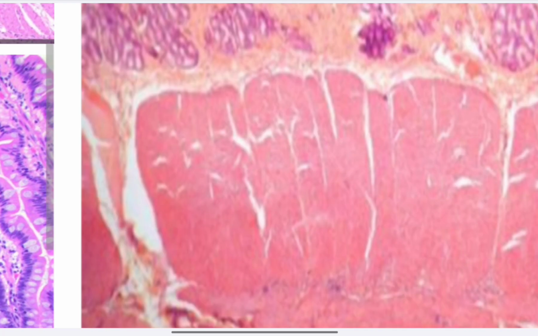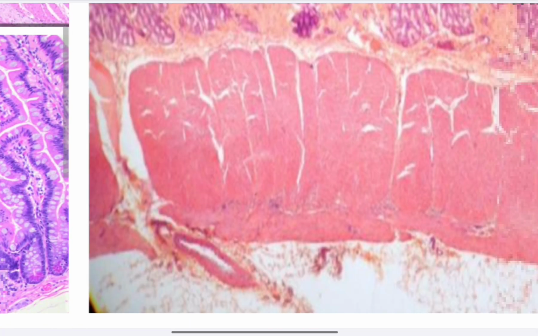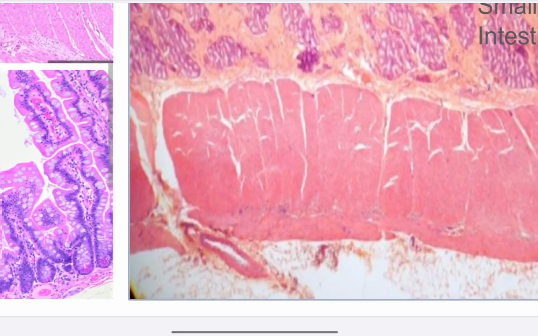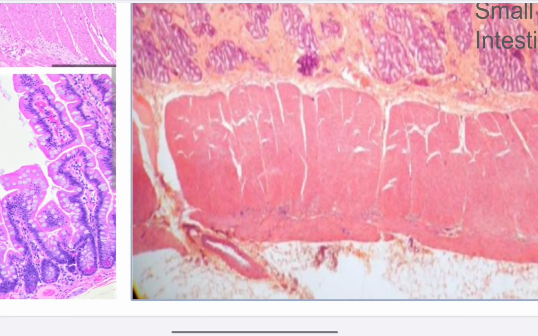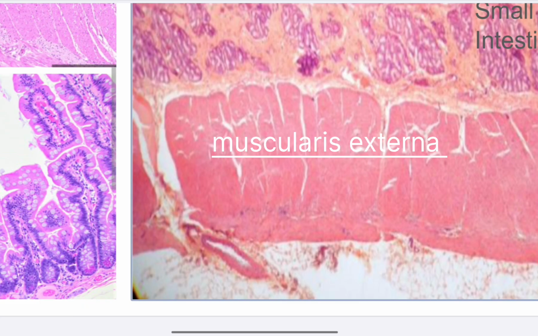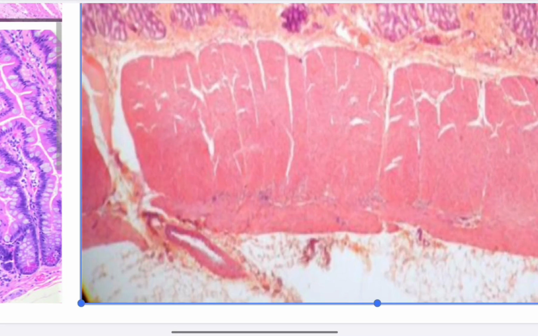Beneath that, or outside this submucosa, we have got the muscle layer, and that is in two layers, the inner circular, outer longitudinal. And instead of the serosa, here we can see that there is adventitia or the connective tissue layer.